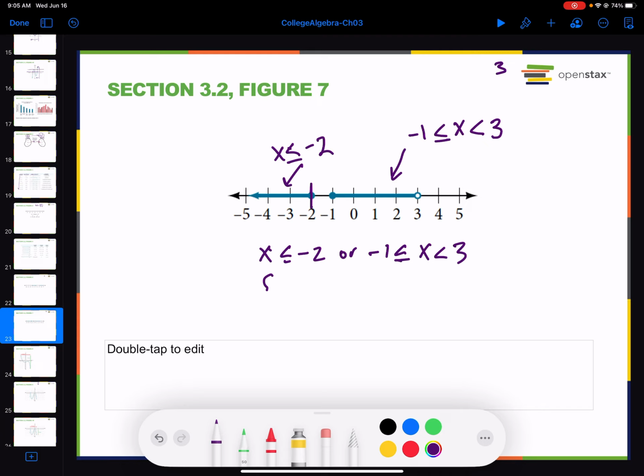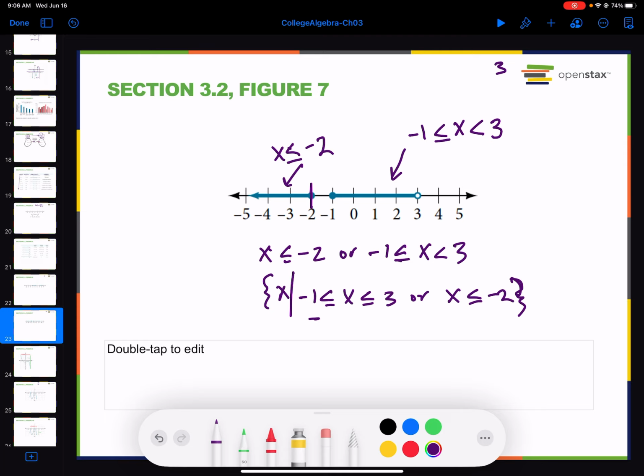And then our set builder notation is going to look somewhat similar. Sorry about that. And then our interval notation.